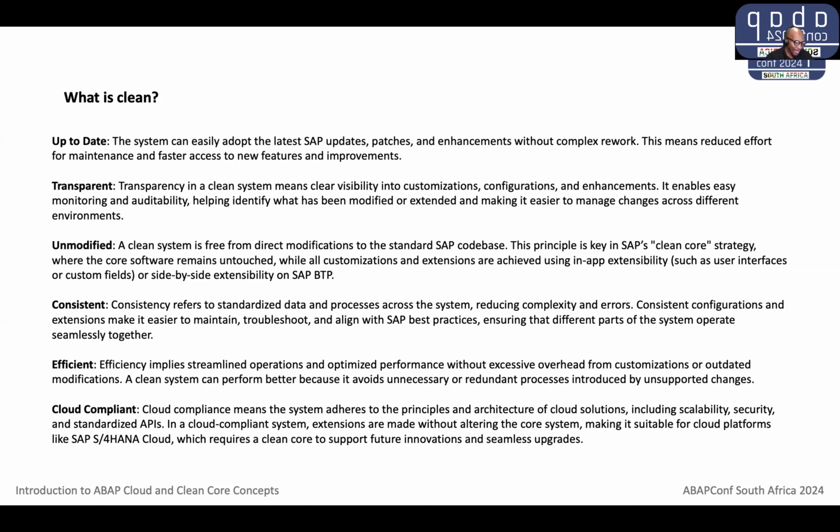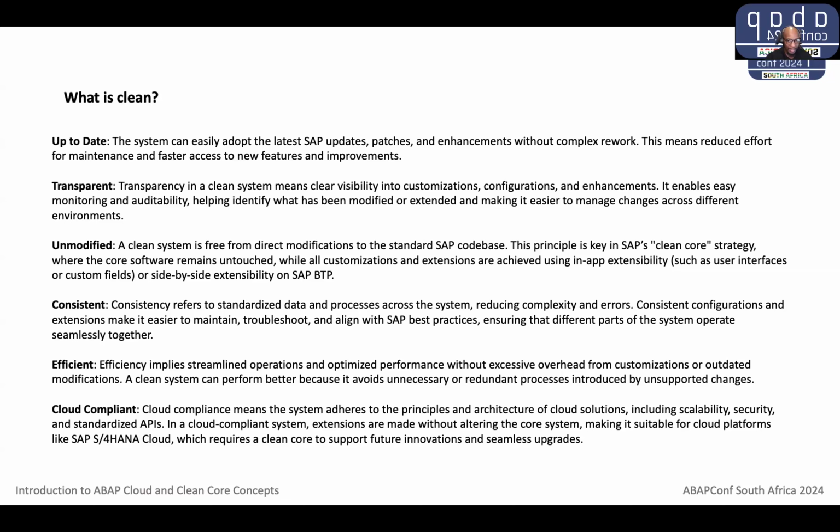And then the last part is cloud compliant. This is no longer new, but for people who are still on this path of migrating, it's fairly new. And that's why we're going to talk about things like ABAP Cloud and all of that. But basically, being cloud compliant means that you adhere to principles that SAP puts out for cloud solutions.